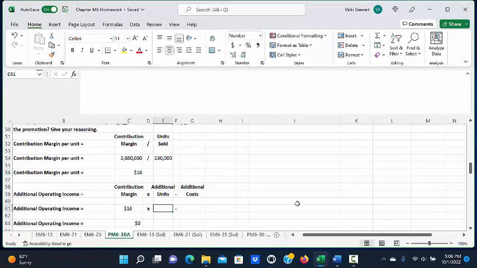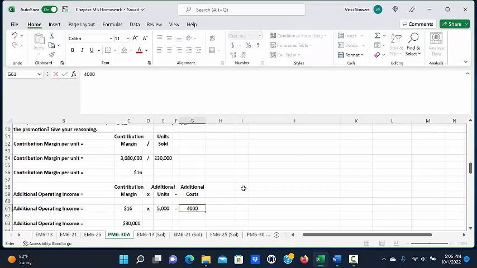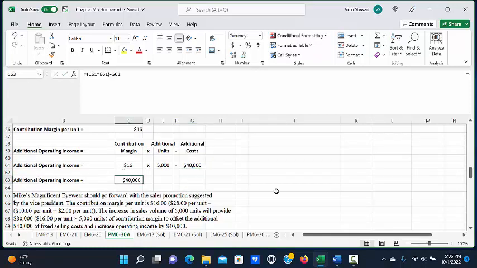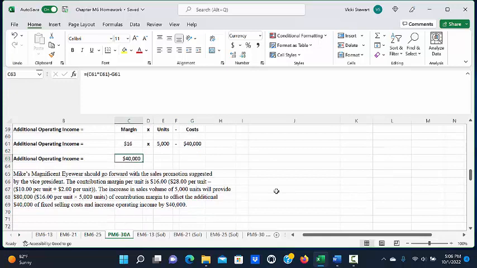So when we take the contribution margin and we multiply it by the additional number of units that the vice president believes the campaign will sell, 5,000, and we subtract the additional cost for the campaign of $40,000, we see that we will still have additional operating income of $40,000.